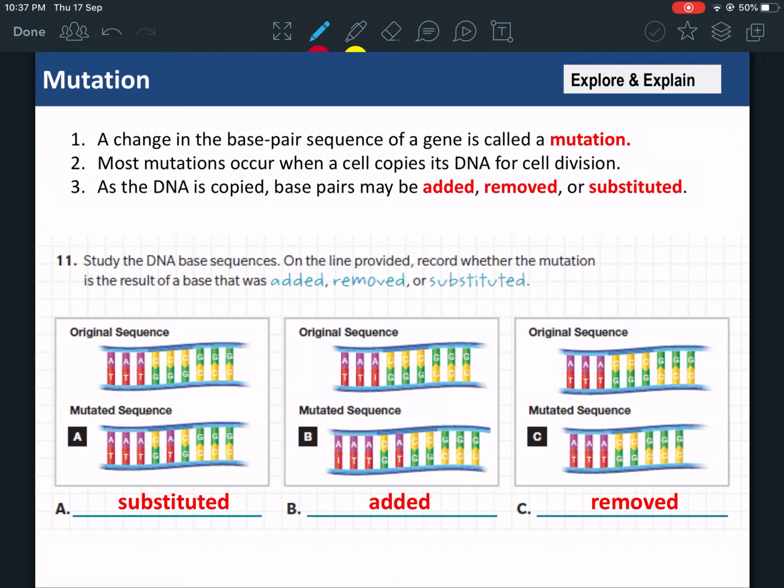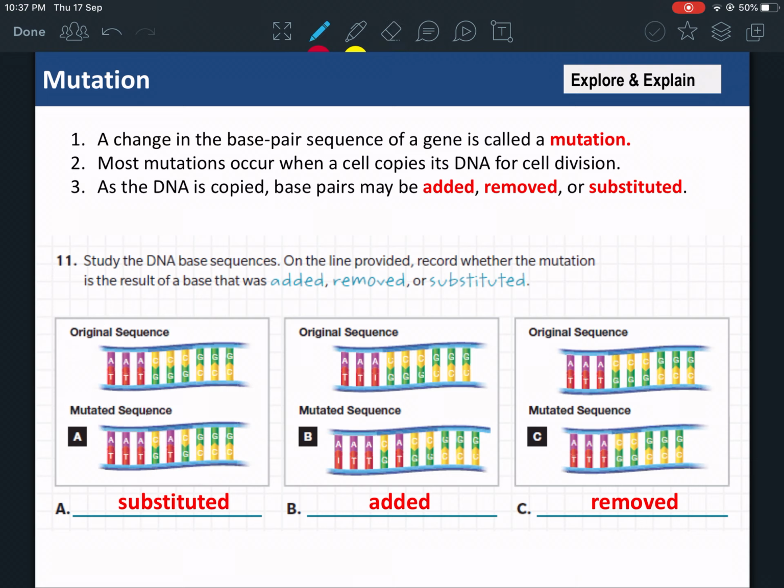Now if we notice, this is the original and this is the mutated. If we notice, here it's the same, AT, CG. But look at this one. CG in the original sequence was replaced by AT in the mutated sequence.